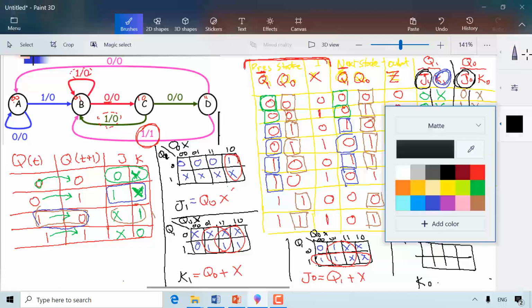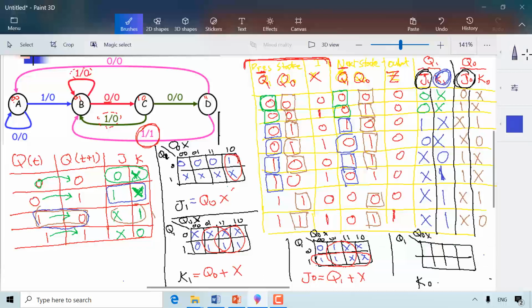So this will be X, X, 1, 0, X, X, 1, 0, X, X, 1, 0. Okay, and in this case, if I take these together, that will be X prime.